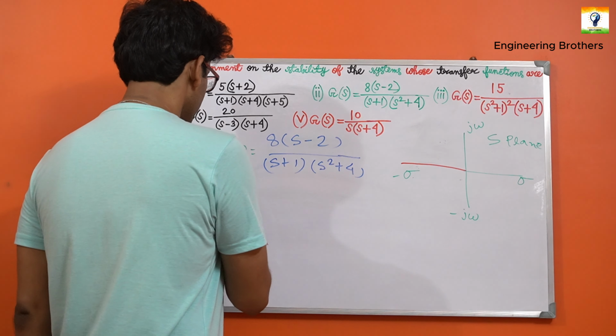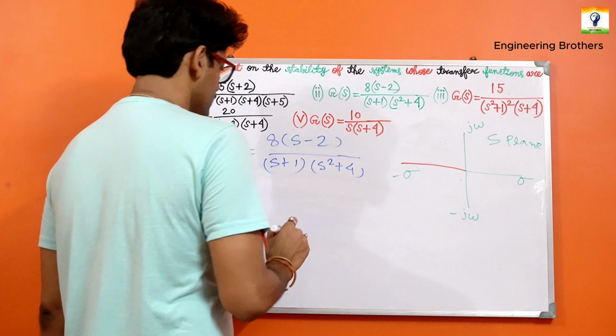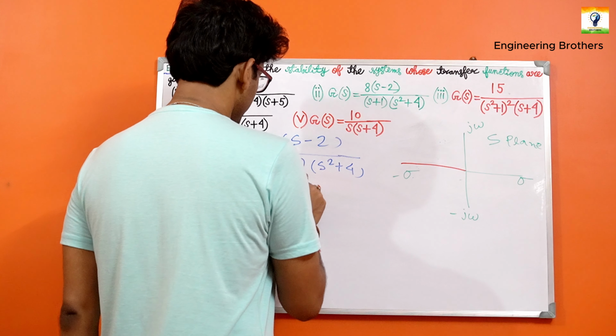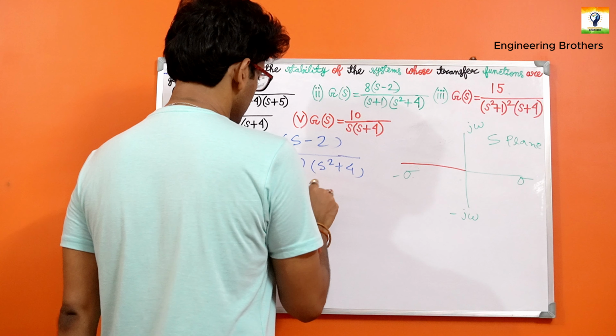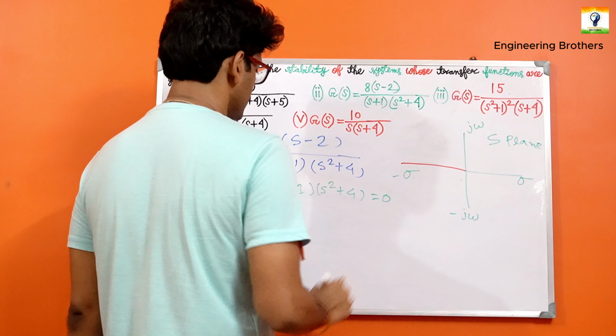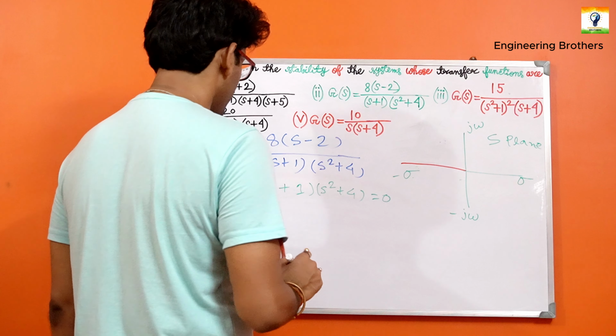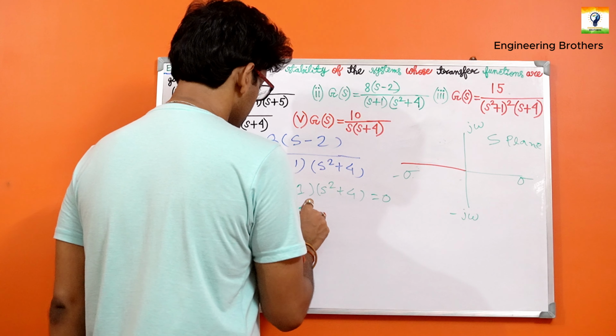Now for our poles, we have (s plus 1) multiplied by (s squared plus 4) equal to 0, which gives us the first pole, s1, equal to minus 1.